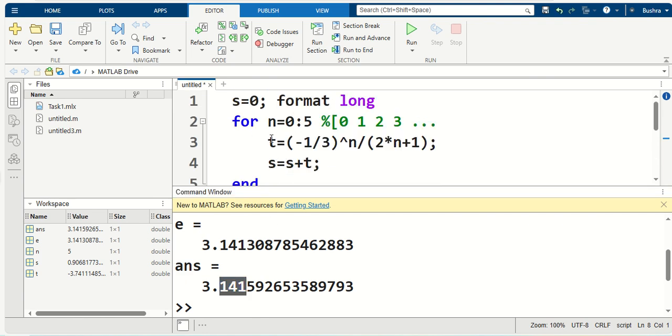If the question had said that you are allowed to use the function sum, in that case you can save t as a vector. How is that possible?